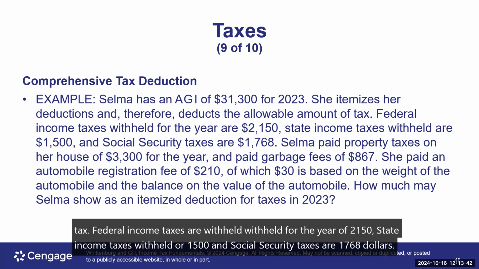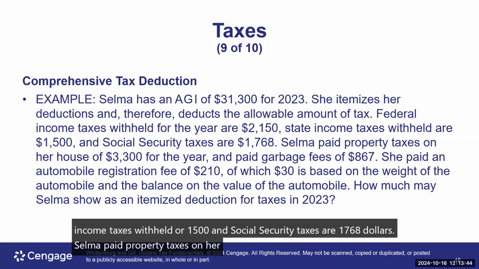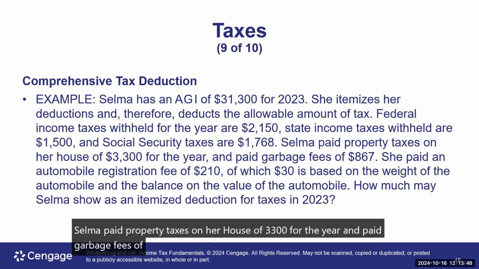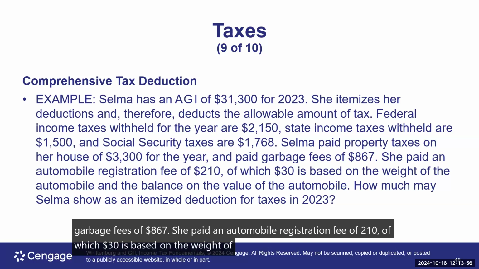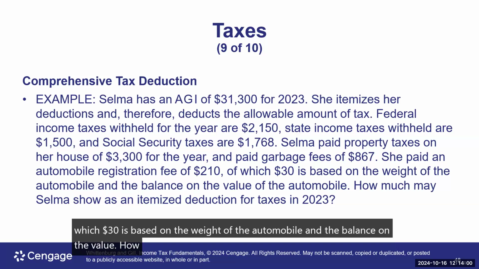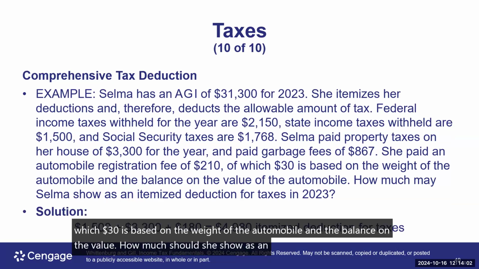Selma paid property taxes on her house of $3,300 for the year and paid garbage fees of $867. She paid an automobile registration fee of $210, of which $30 is based on the weight of the automobile and the balance on the value. How much should she show as an itemized deduction?